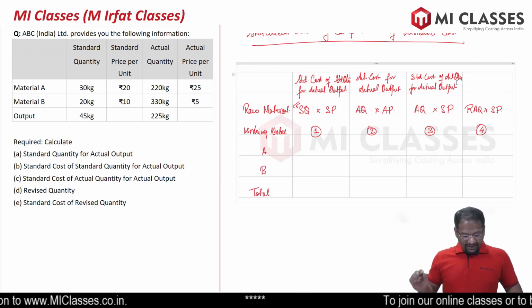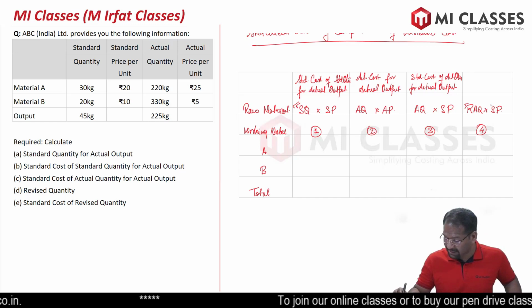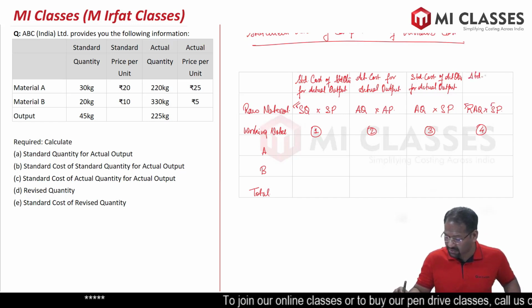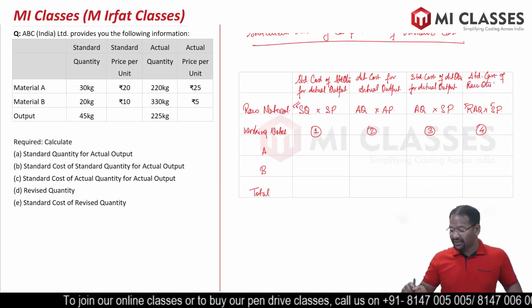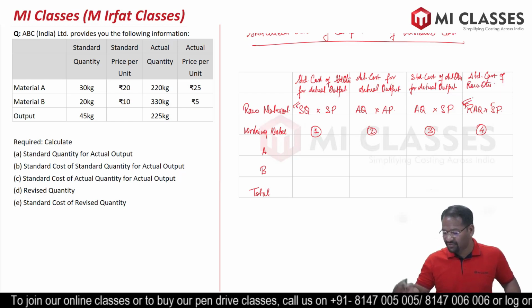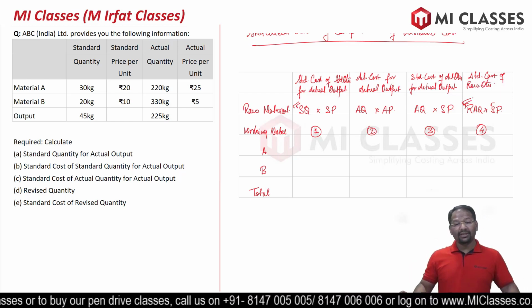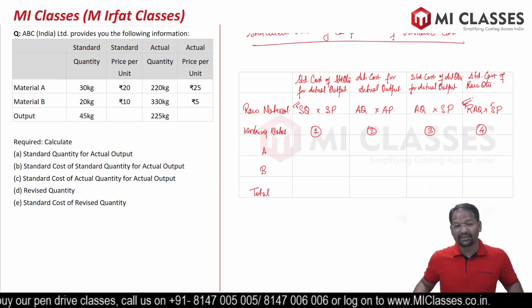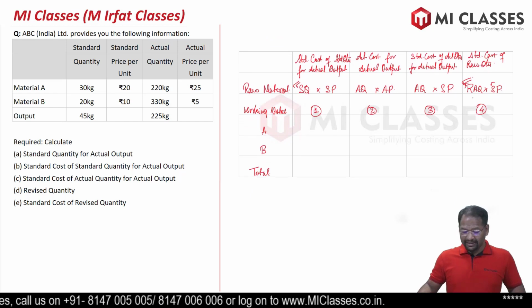And last one is called standard cost of revised quantity. This multiplied by this is called standard cost of revised quantity. Then what is revised quantity? This revised actual quantity is called revised quantity. Alright. So we have learned the different terminologies which are used in standard costing. Now we are going to calculate all these details.